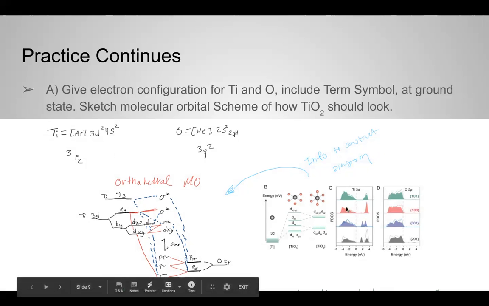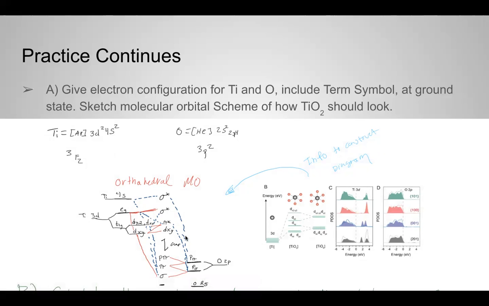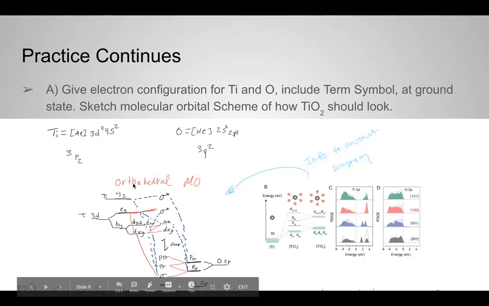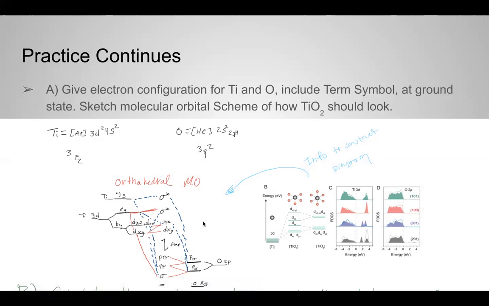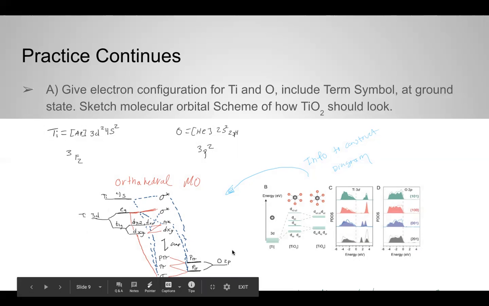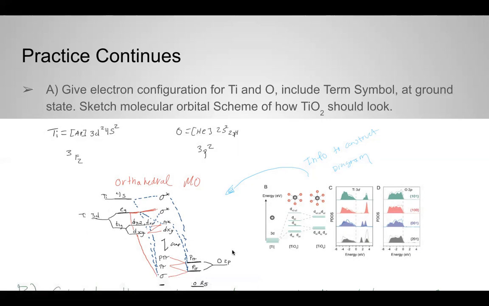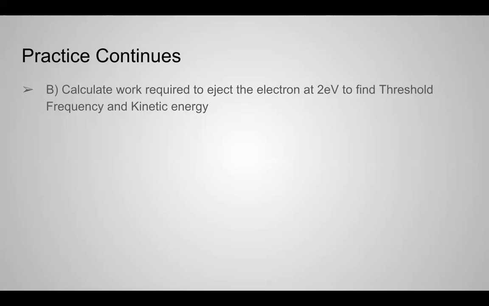So from this structure, you can come out with this structure right here, where these will show the states and abbreviations. This will show the orbital it's in.